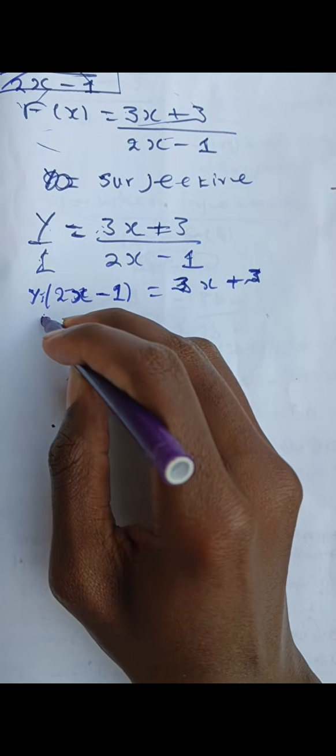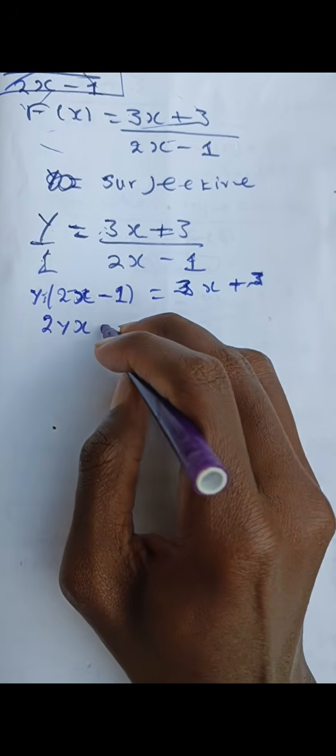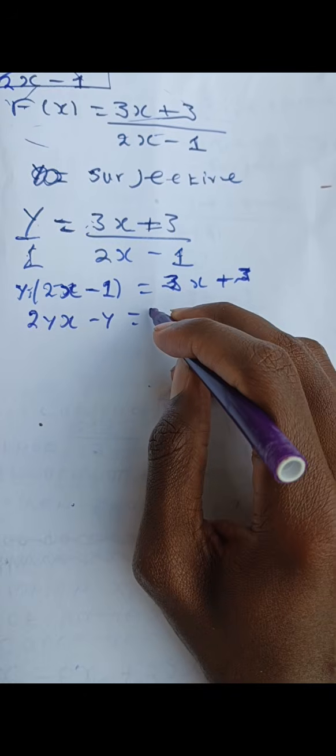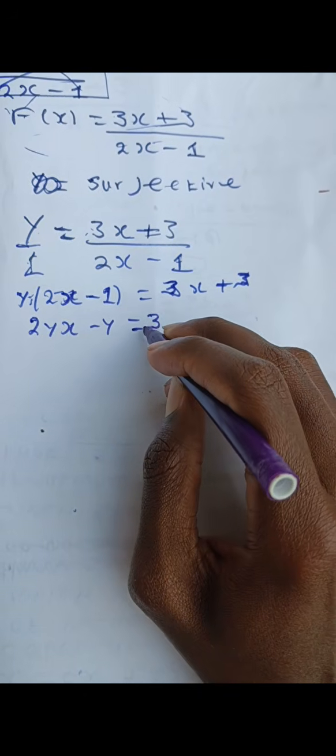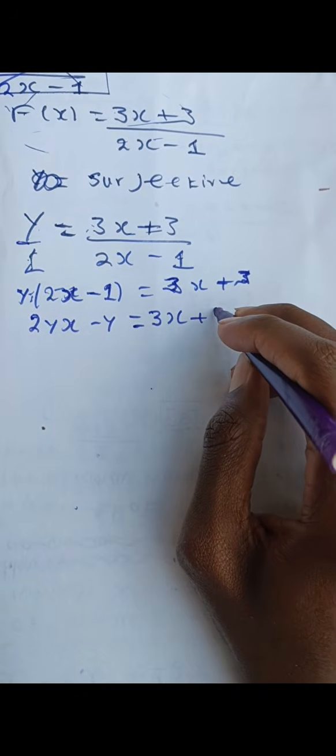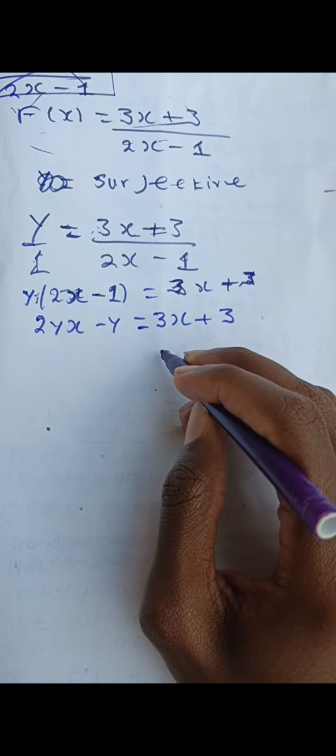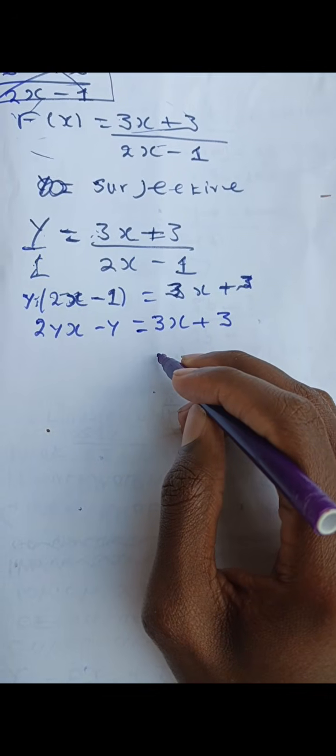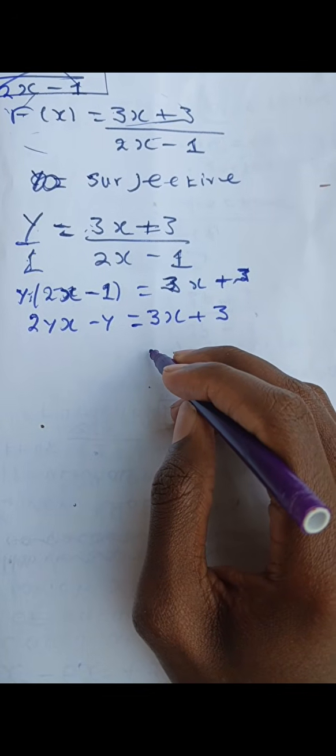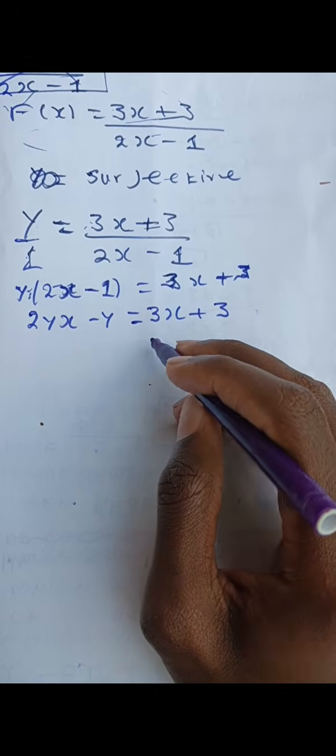So you cross multiply, we have 2yx minus y is equal to 3x plus 3. So our job is to make x the subject of the formula. Remember, I repeat, when you are dealing with inverses, when you start simplifying like this, make x the subject of the formula.